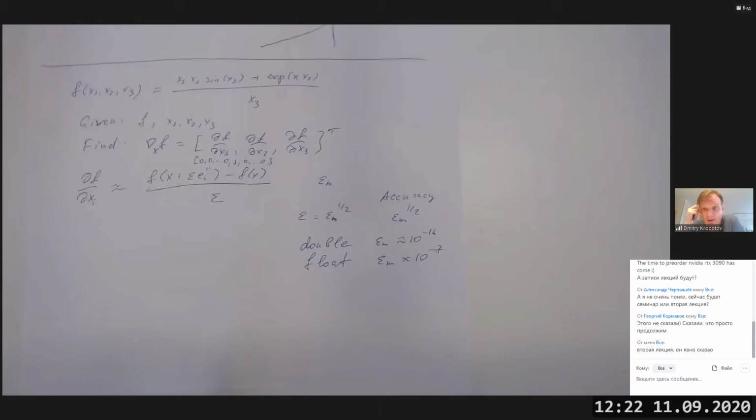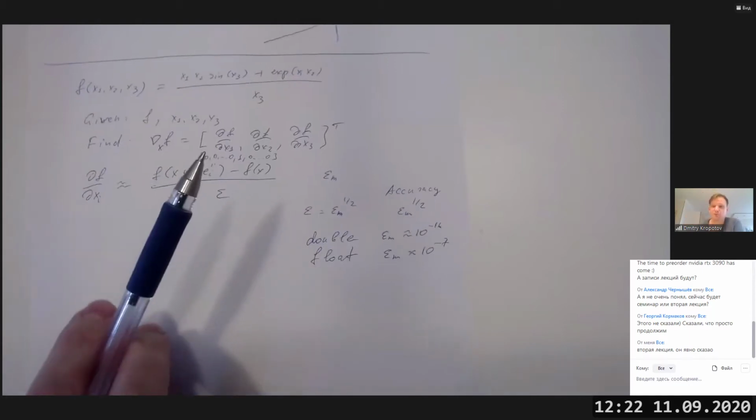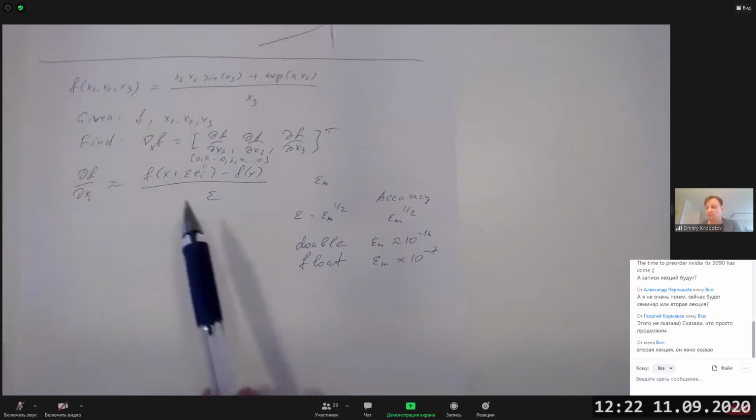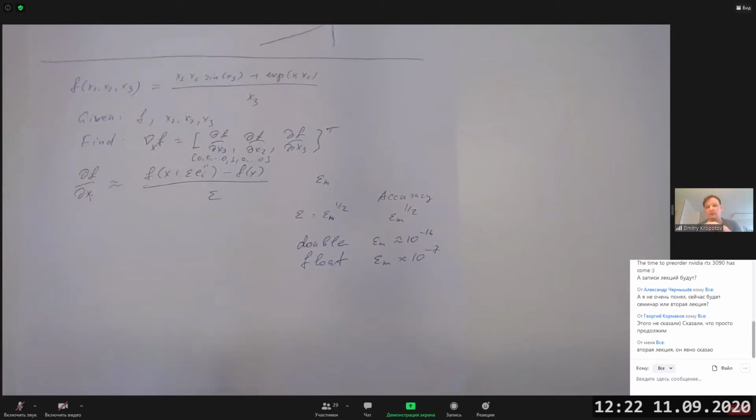So this formula would be not accurate at all. And the situation is even worse if you use fewer than 32 bits in order to accelerate your neural network. So the first and quite big problem with this formula is that it is not accurate.